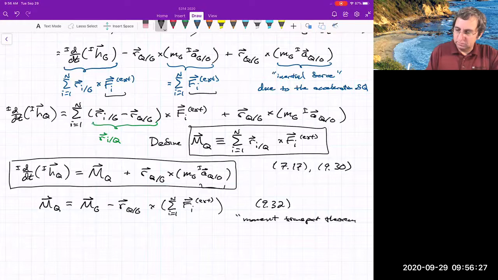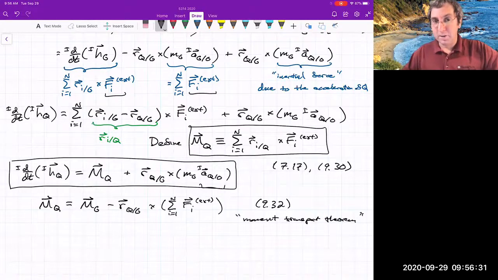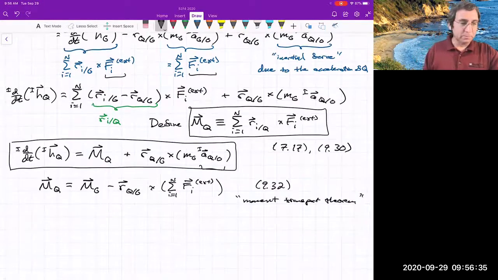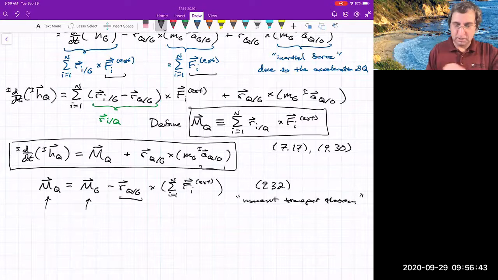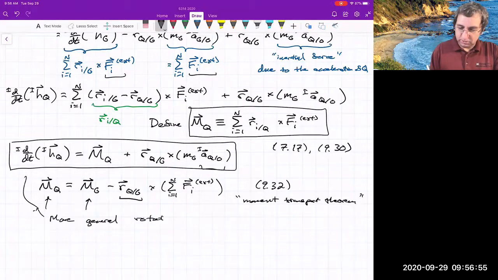It takes maybe one more line to convince yourself of it, but I don't want to show that. So this is sometimes useful. It relates the moment about the point Q with the moment about the point G and the displacement between Q and G. So, like I said, view this as a more general rotational dynamics equation.